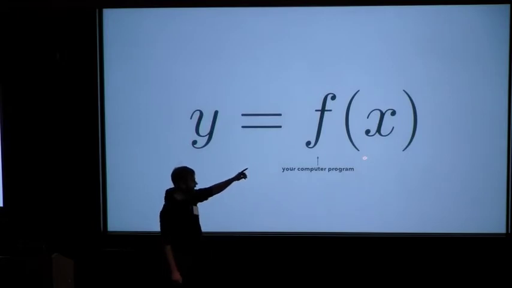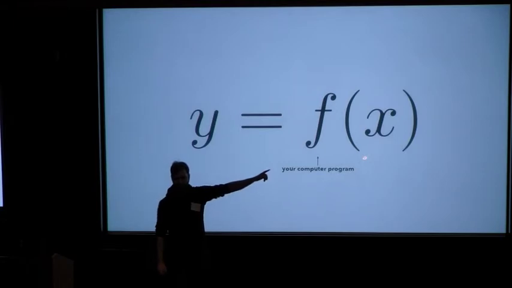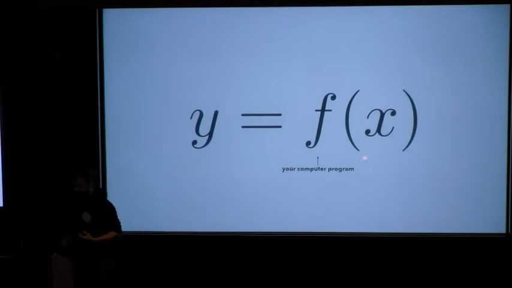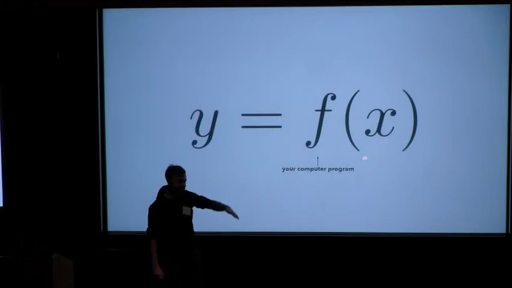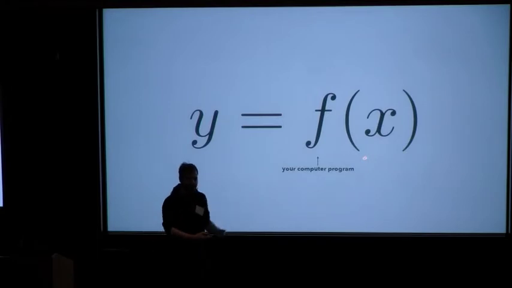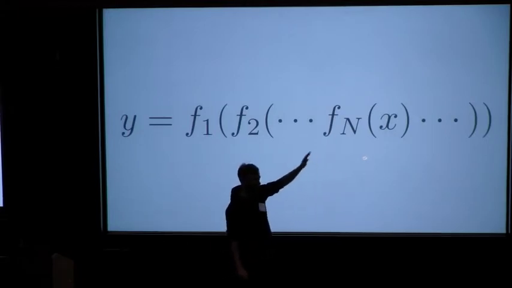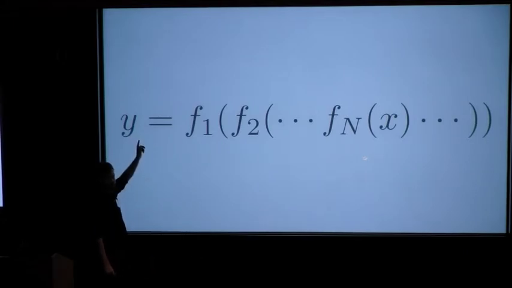Right here, you have some inputs, and they give you some output. And this has all of your physical model in it and that kind of stuff. But when you write your computer program, you don't write it as a single line like this. It's many lines of code with specific operations at each line. So my schematic could be expanded like this. You pass your inputs through all sorts of different functions, and at the end of the day, you get out your output.